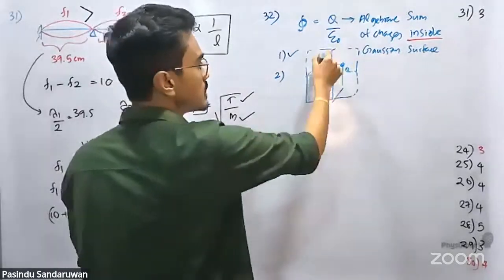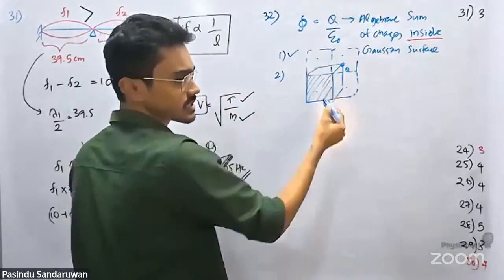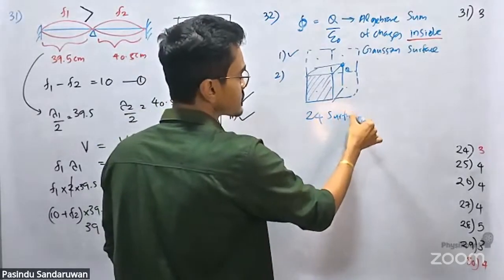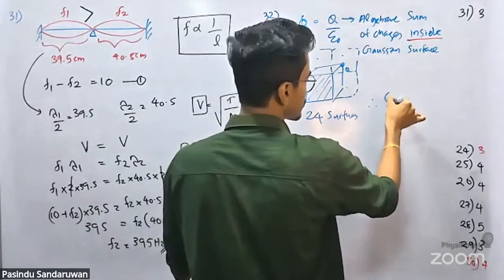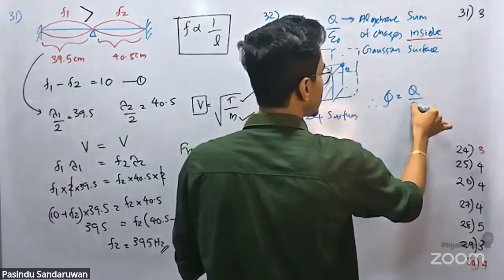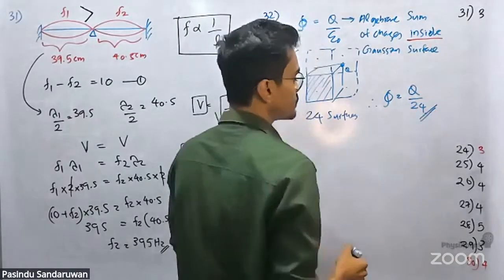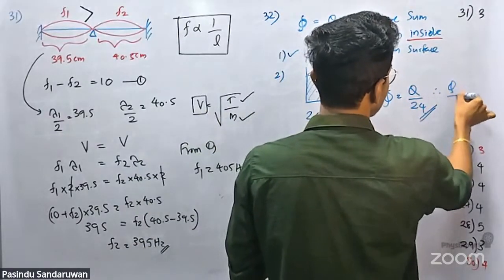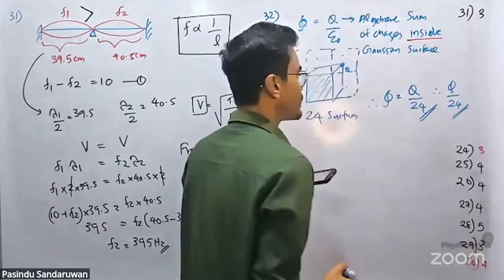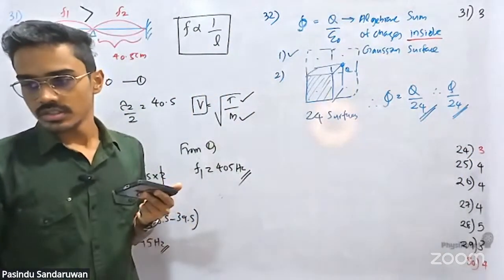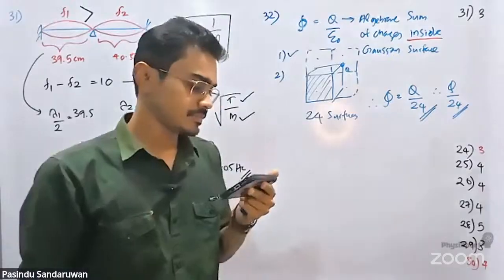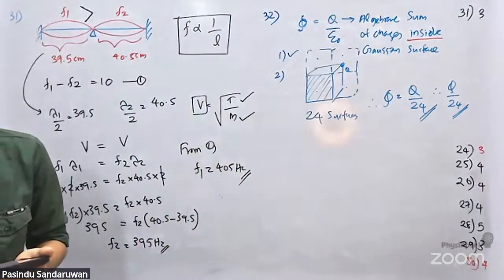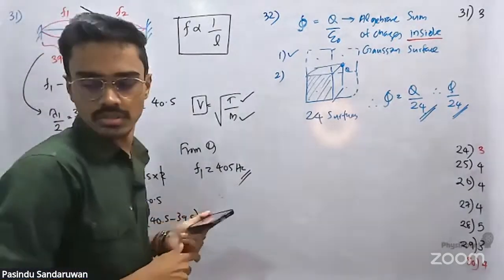You will get 24 surfaces. Therefore, flux through one surface is q over 24. Compared to the initial value, that is phi over 24, not phi over 8. Two is wrong.